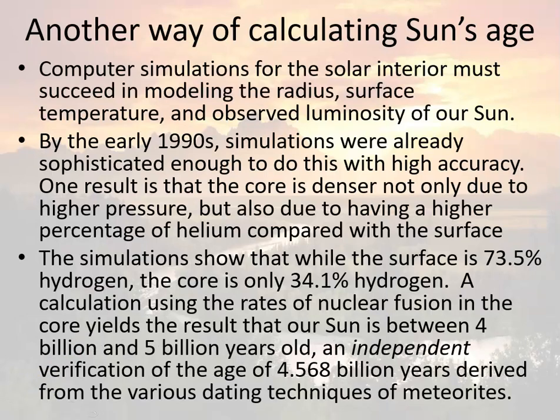So, as we mentioned in the previous video, this actually leads to another independent way of calculating our sun's age. For example, when you consider the conditions that occur at our sun's surface and the results of various helioseismology measurements, we find that the core of our sun is actually only about 34.1% hydrogen. In other words, most of the hydrogen in our sun's core has already been converted to helium.